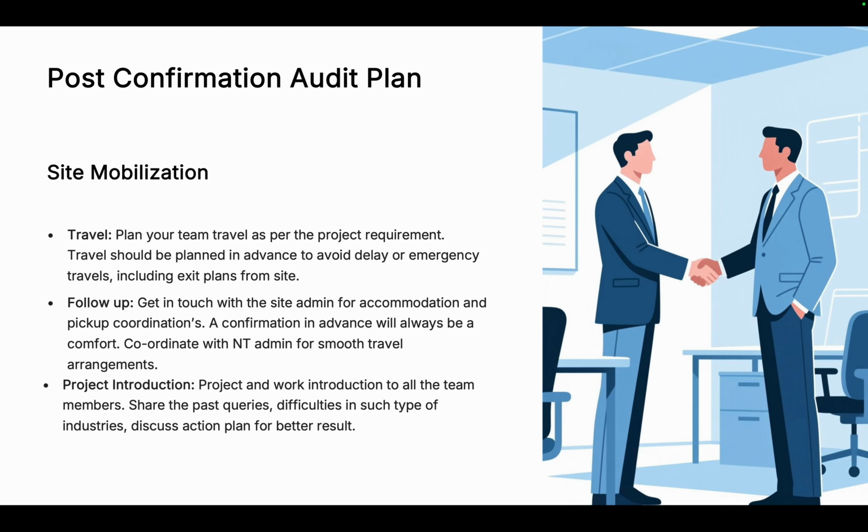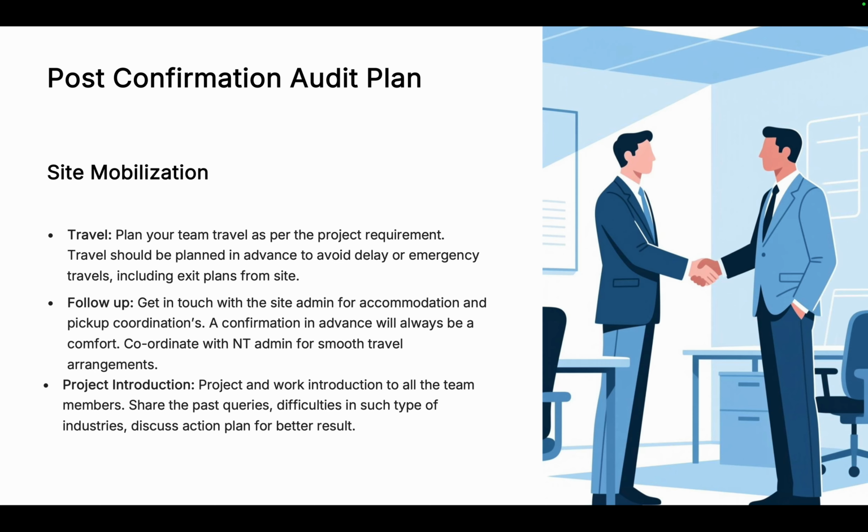After that, you need to follow up with the respective site for your accommodations, and for the confirmation that you are reaching there, for your pickups from the respective airports or railway stations, whatever the case may be. So the complete follow up from the travel to the project reaching, this is the responsibility of the TL, that has to be done in a simpler way.